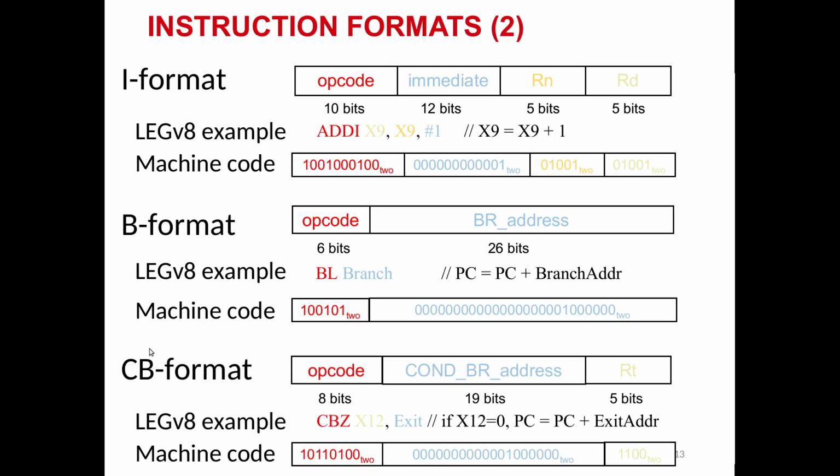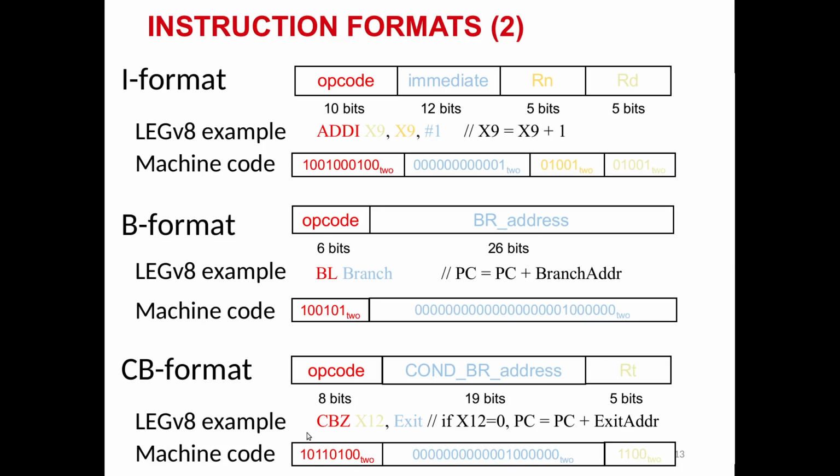The last one that I will mention here is the CB format, or conditional branch format. It has an 8-bit opcode, and then 19 bits for the conditional branch address, and then 5 bits for register Rt.